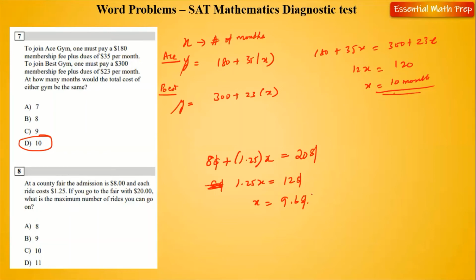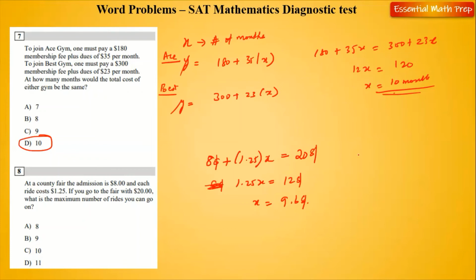At the county fair, the admission is $8 and each ride costs $1.25. If you go to the fair with $20, can you do 10 rides? That's my question. Let's do 10 rides: 1.25 times 10 plus 8. So he would have needed $20.50, right?